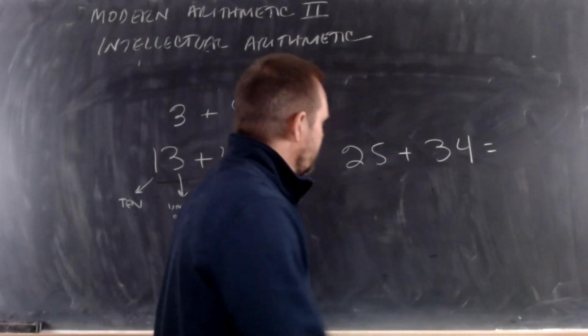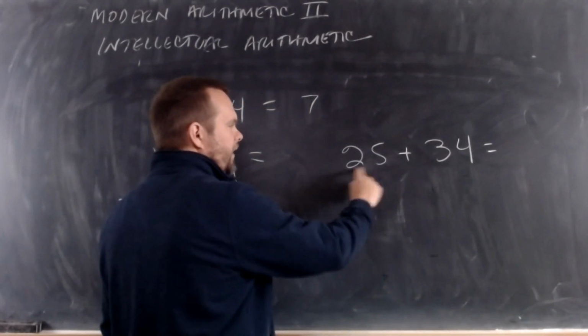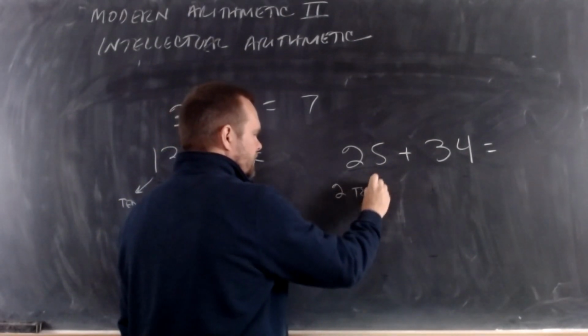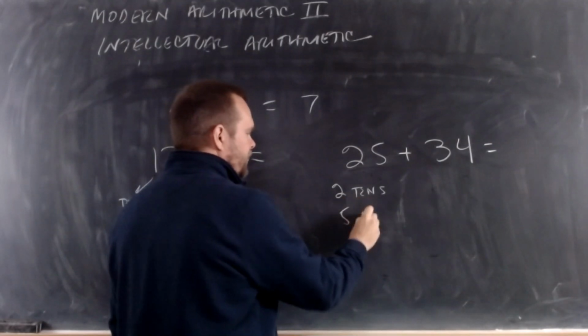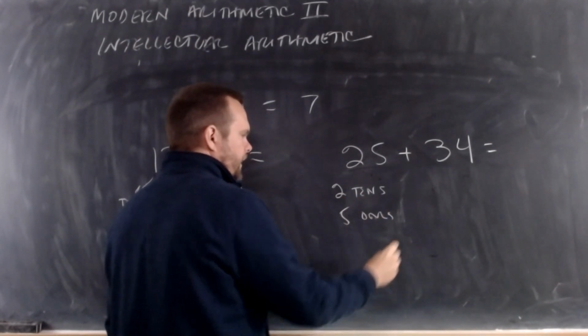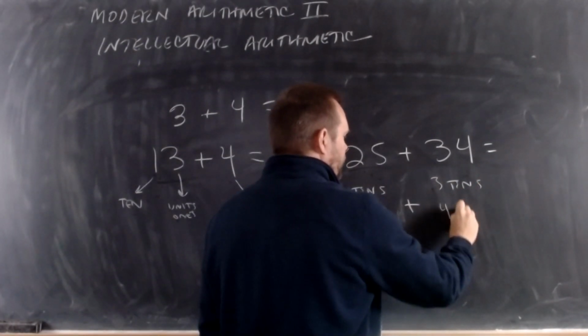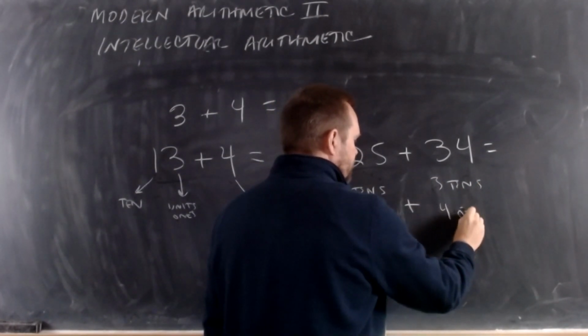You can think 25, what 25 tells me is that I have 2 tens and 5 ones. And I'm adding 3 tens and 4 ones.